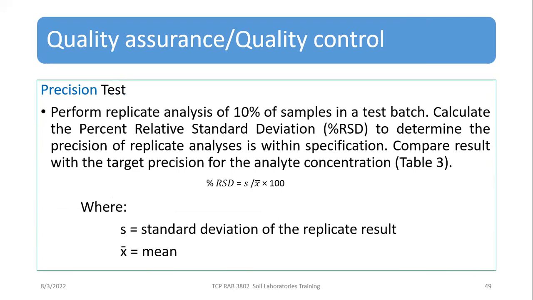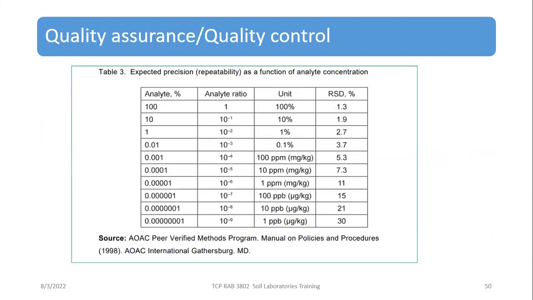Relative standard deviation is always the standard deviation over the mean of the measured sample, multiplied by 100. And the expected precision repeatability as a function of analyzed concentration is here. The source of this table is the AOAC Peer Verified Methods Program manual on policies and procedures.